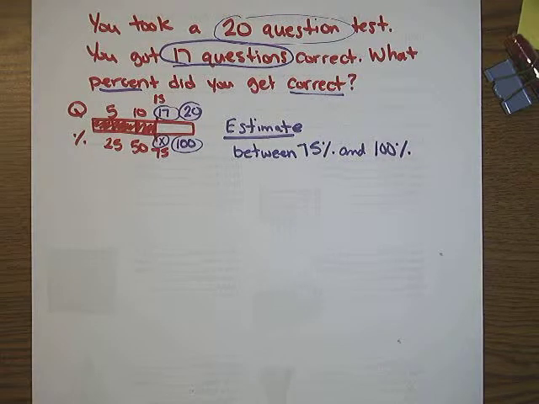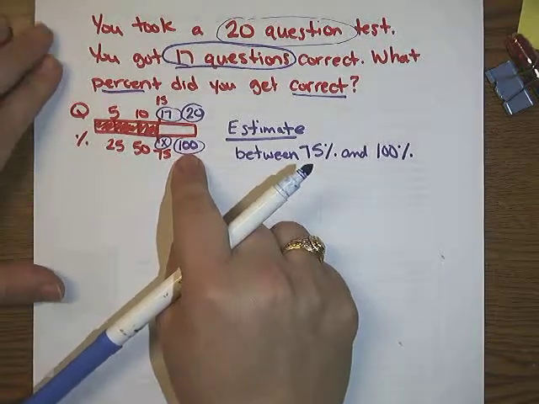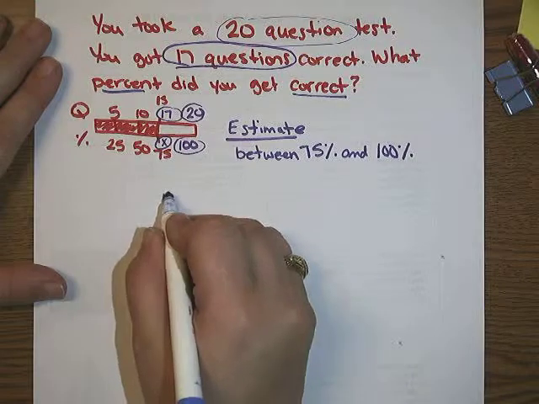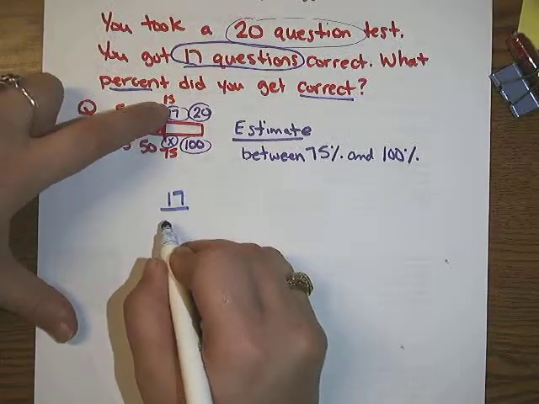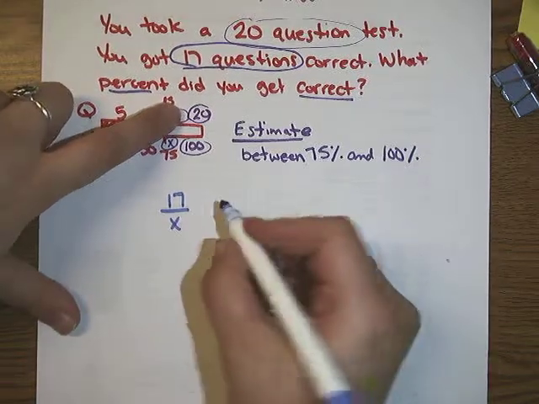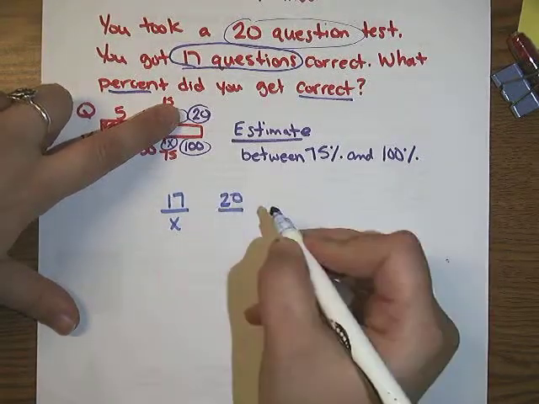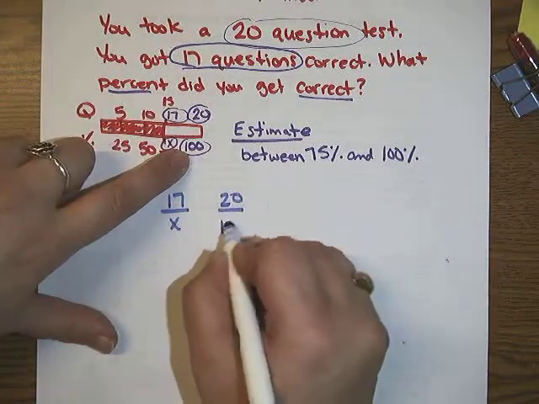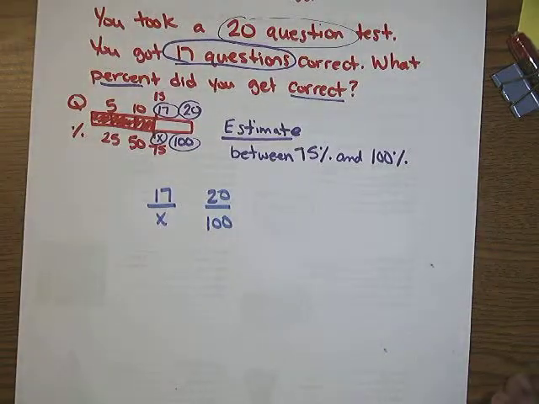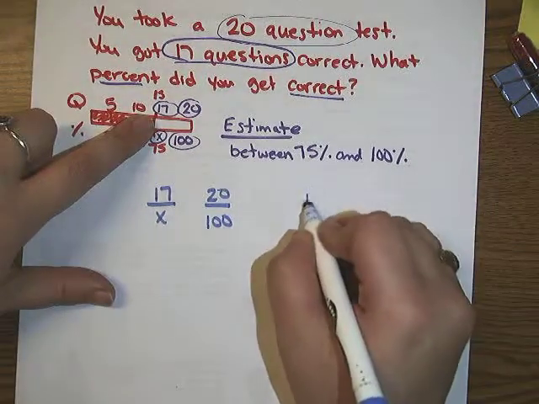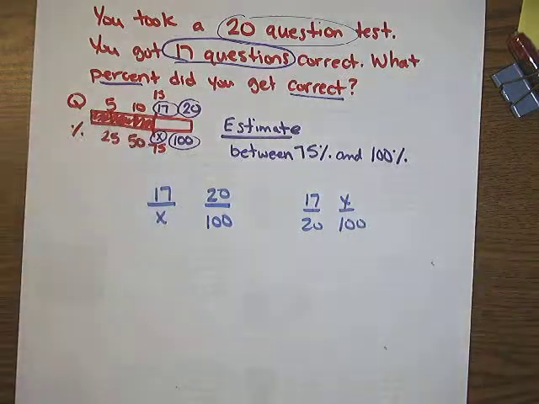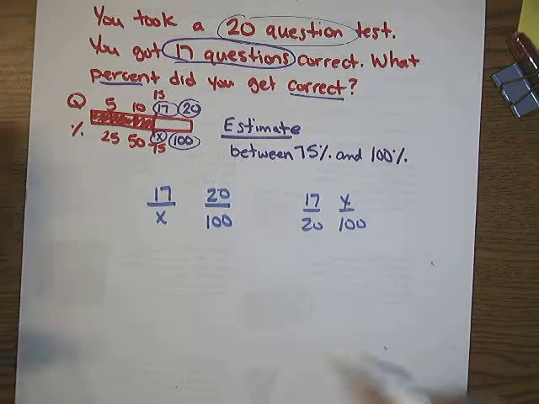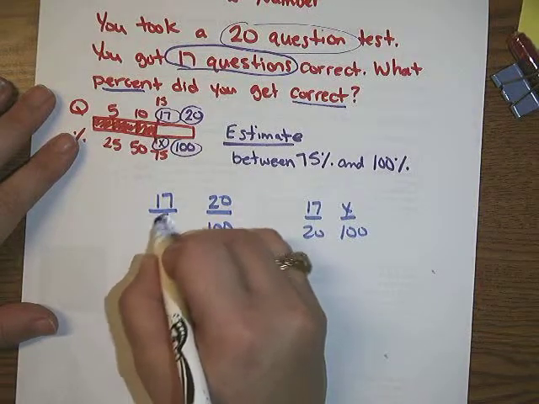Yeah. Okay, but what if I said, well, I want to know my exact grade? I would set up a proportion. So you go back and look at the numbers that you circled. 17 goes with what? X. 20 goes with what? 100. Now, he could have also said, well, 17 goes with 20 and X goes with 100.